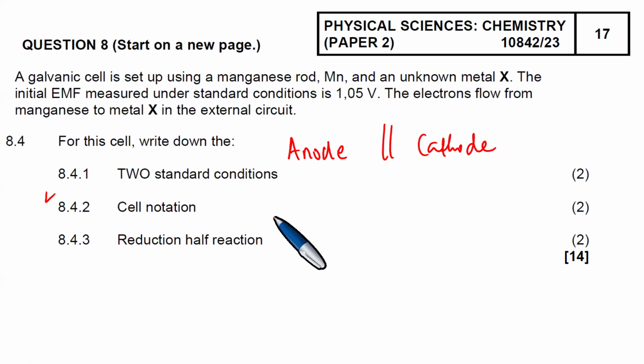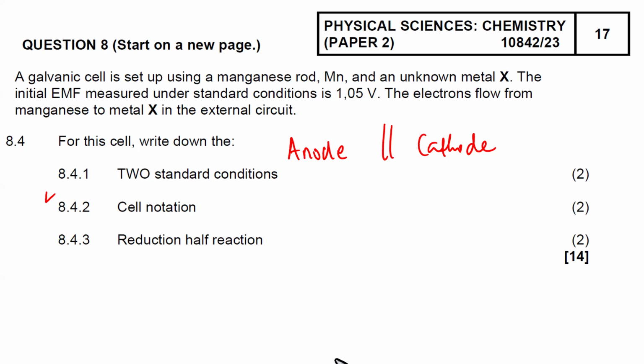What is the anode? We said the anode is manganese, and the cathode is going to be PB, lead.